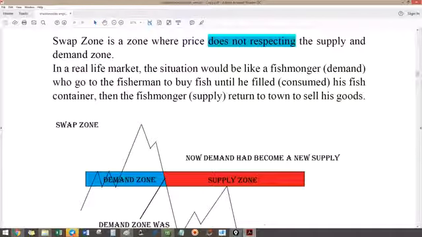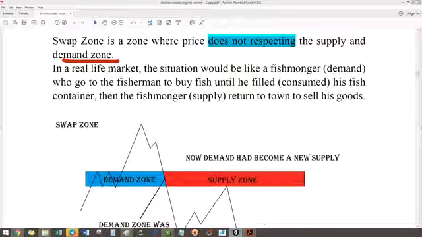Okay, let me open this pen. The fishmonger is currently over here. He is a demand, he's demanding fish. Now when the fishmonger is filling the order with the fisherman's fish inside his fish container, over here he's filling the order.